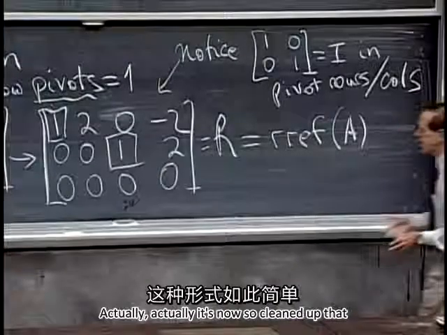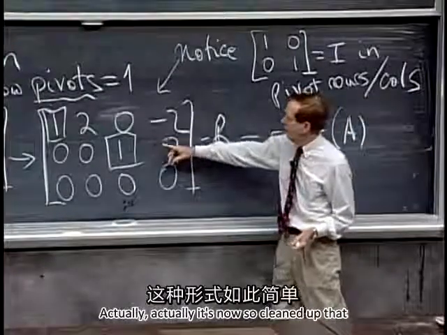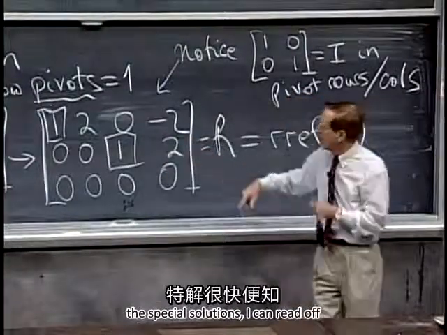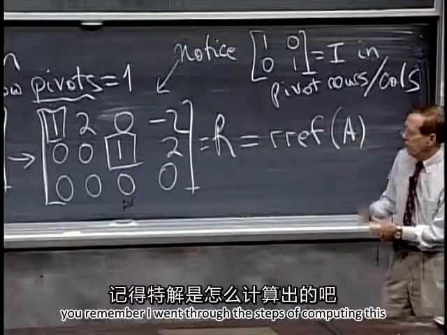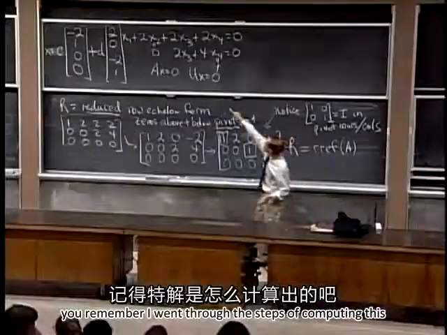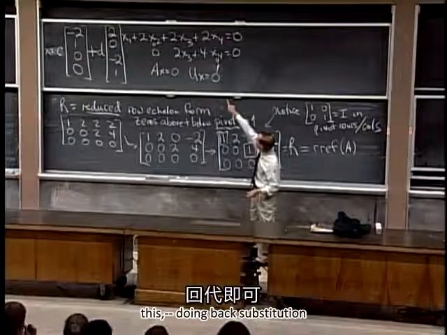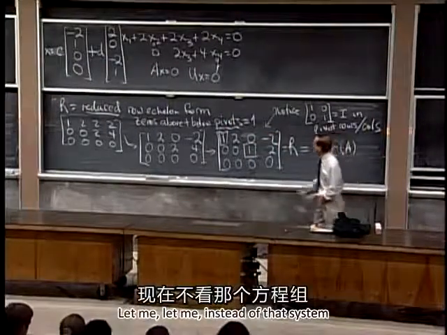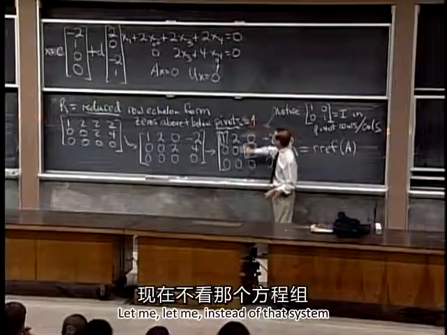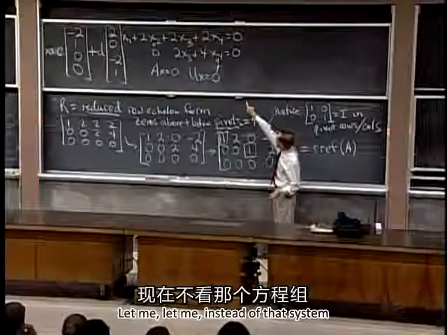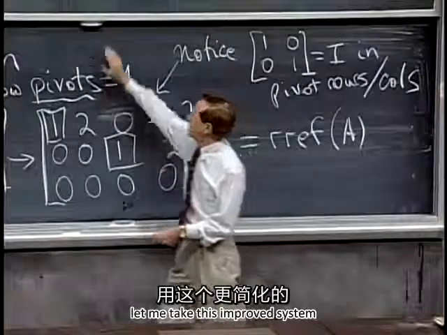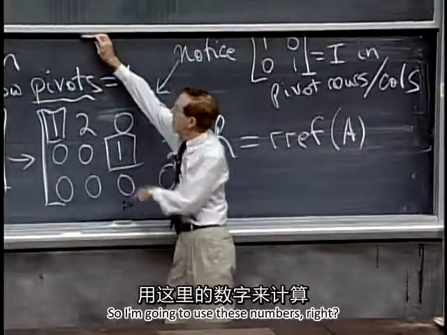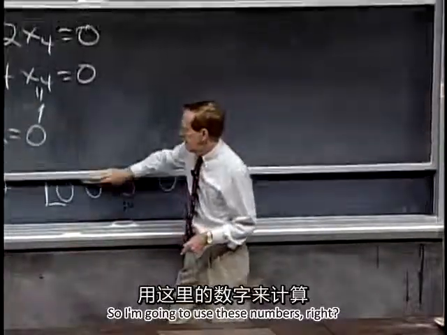And they're cleaned up as much as possible. Actually, it's now so cleaned up that the special solutions I can read off. You remember I went through the steps of computing this, doing back substitution. Instead of that system, let me take this improved system. So I'm going to use these numbers, right?